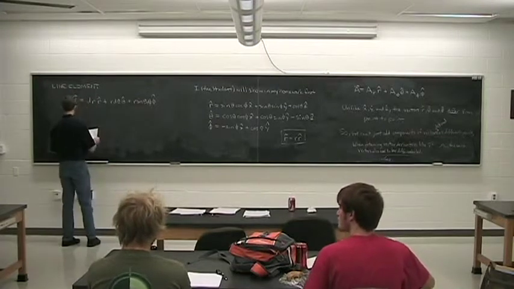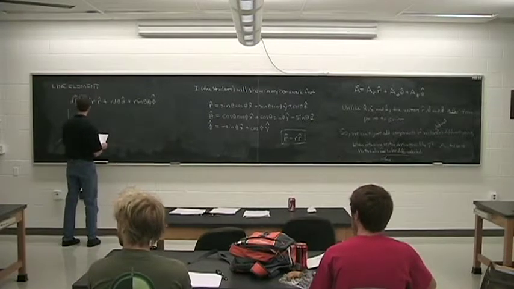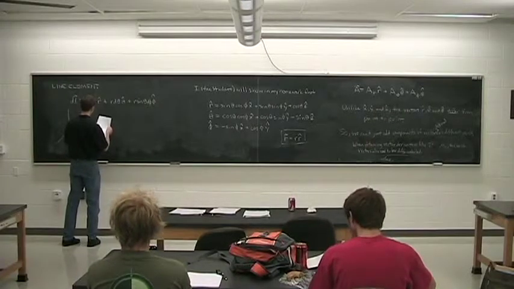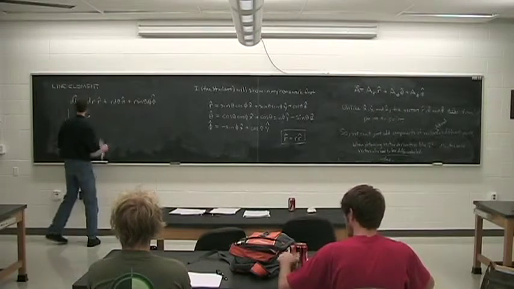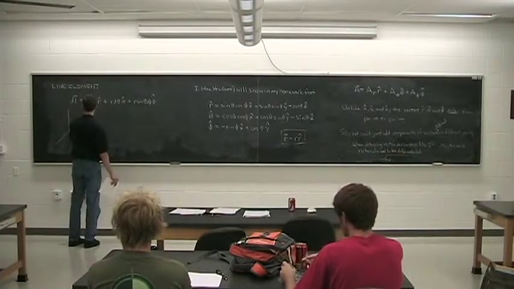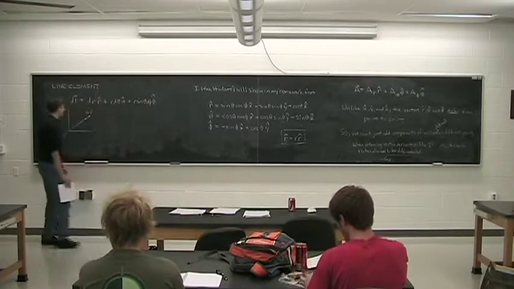All right. So the idea is that if I make a small displacement only in the radial direction, I'd be going a distance dr in the r hat direction.